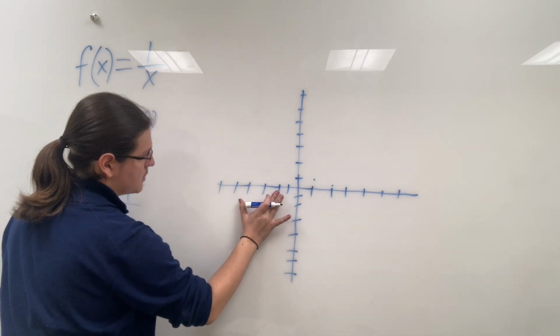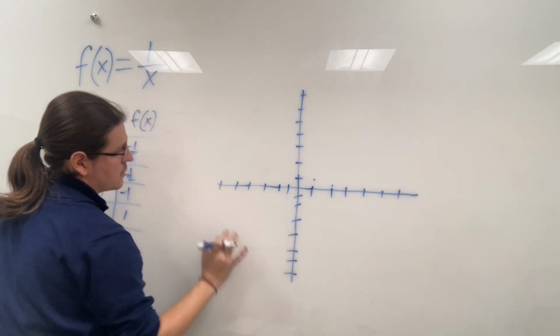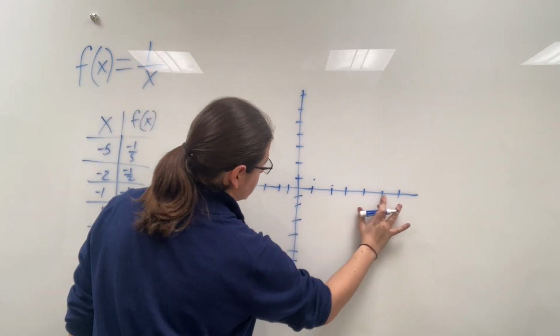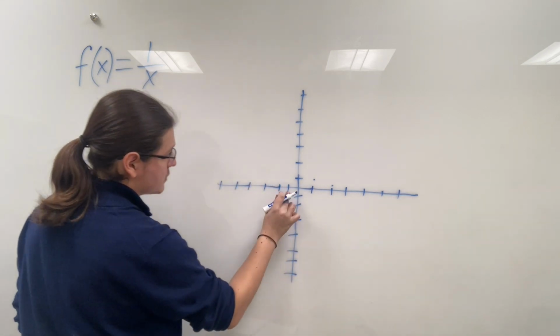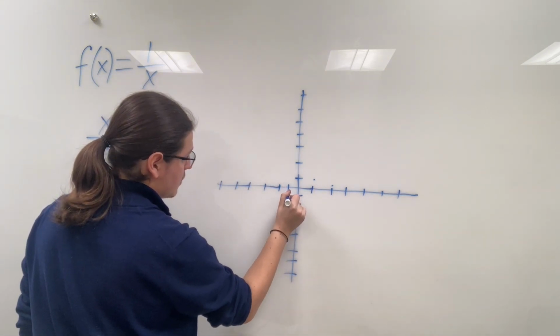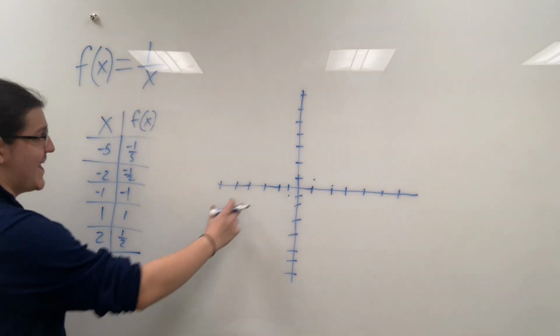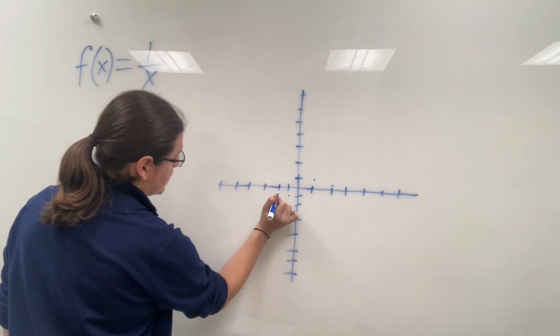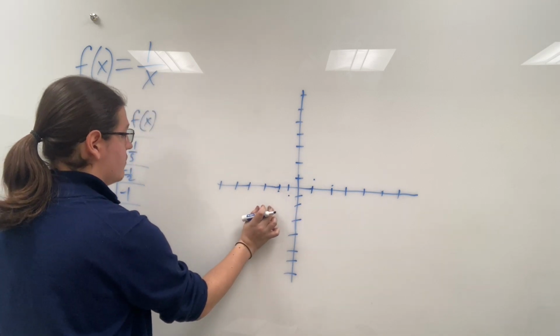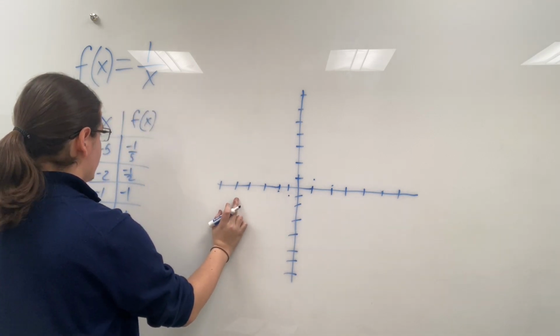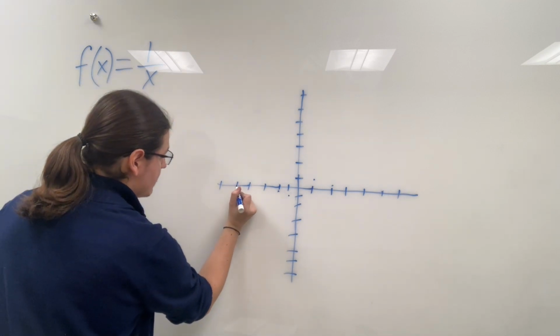I'm just going to kind of get these smaller for a sec. Our first point is just going to be at -1, -1. At -2, it's going to be -1/2. And then again, at -5, it's going to be at -1 over 5.